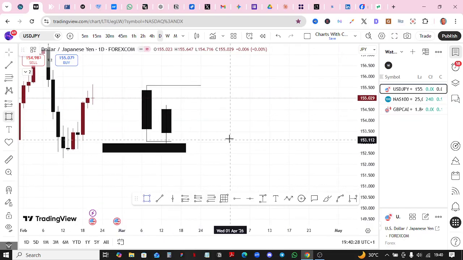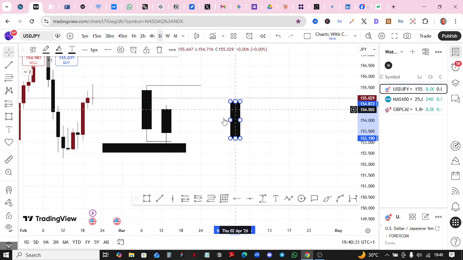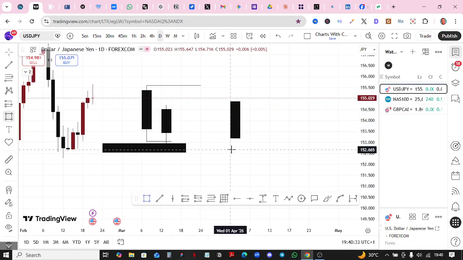The same thing for a bullish scenario. Let's look out for a bullish scenario.